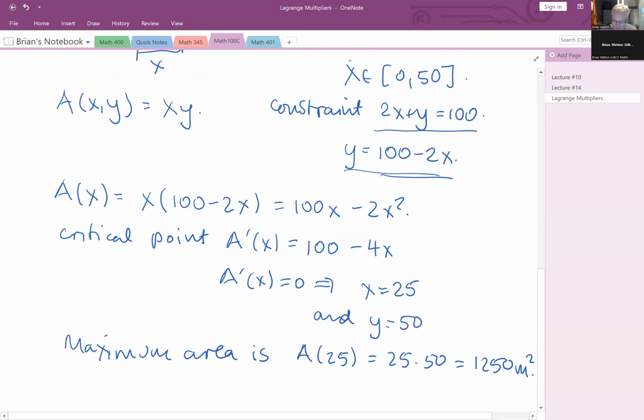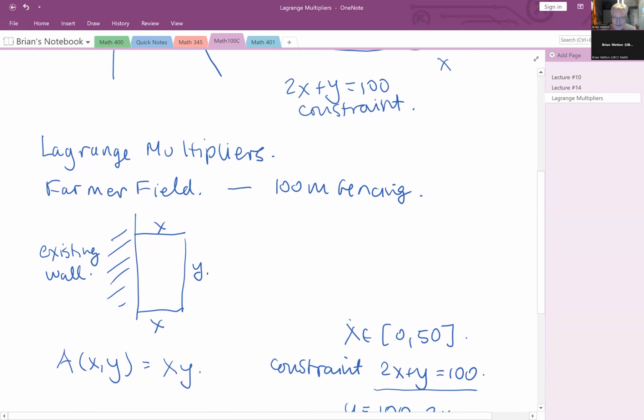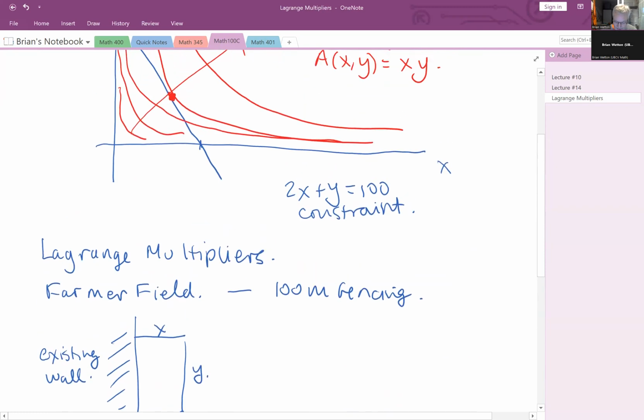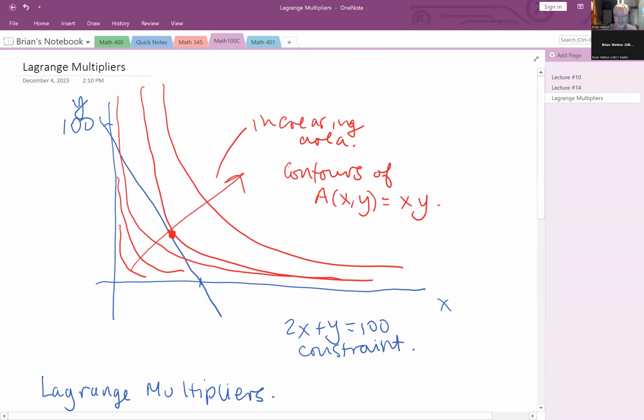Let's leave the beginning of the course, this easy description, and let's think of this as a function of x and y, and this is a constraint. Then we'd end up with something that looks like this picture. I have a function of x and y. I can draw the contours. Those are curves where x times y is constant.